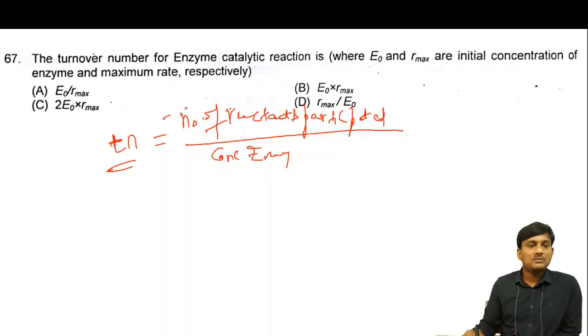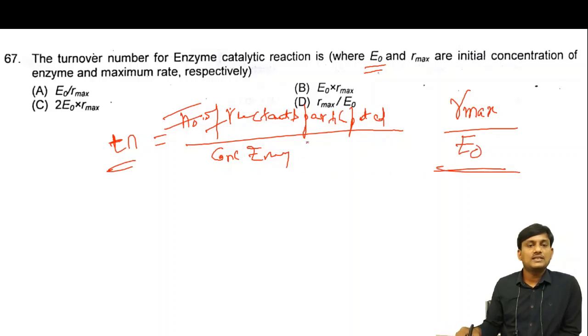This term is measured in terms of R maximum, and the number of active sites is measured in terms of the initial concentration of the enzyme, E0. So what is the correct relation? It will be R maximum by E naught. D is the correct option.